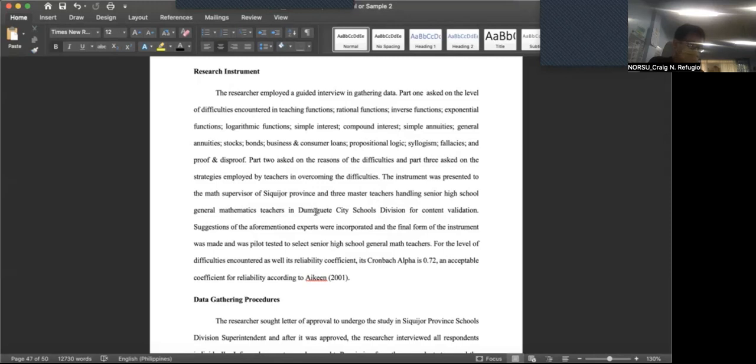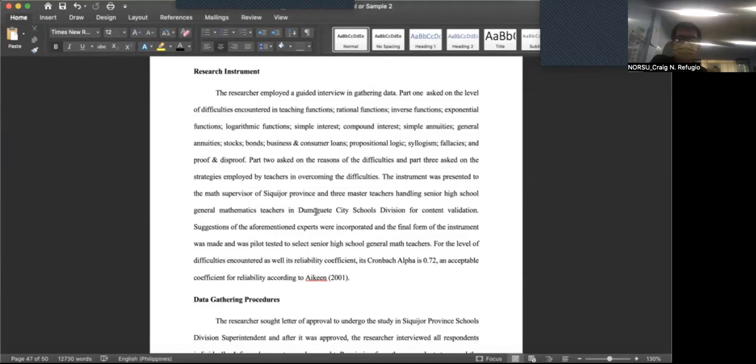You are not going to validate that instrument to your target population. That is actually the process. Why? Because the target population will be your final respondents, and if you do the pilot testing with them, they already know the contents of your questionnaire. So as a process, you are going to validate that to another schools division.